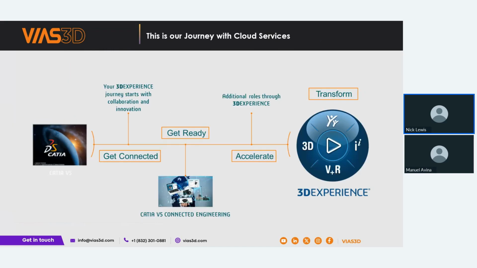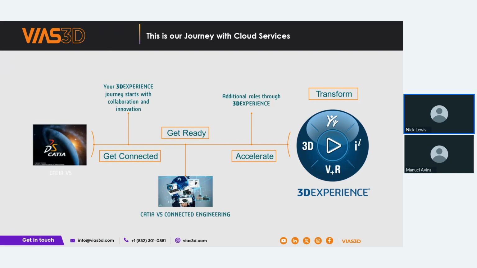So let's talk about how we implement this and how we begin this journey of moving from solely CATIA V5 to CATIA V5 with 3D Experience Cloud. It's a journey. It is not just an overnight shift.